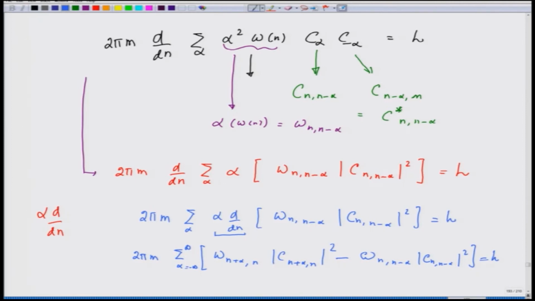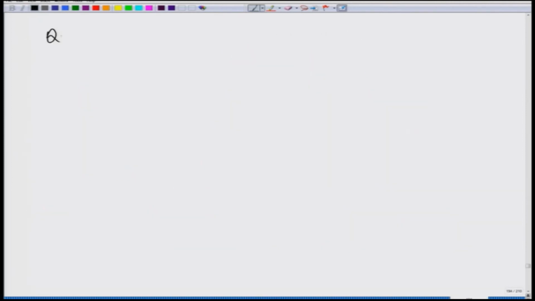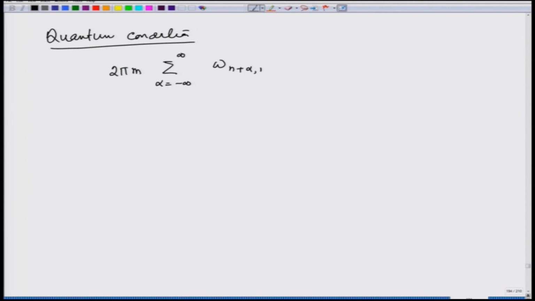So let me rewrite this. So the quantum condition comes out to be 2 pi m summation alpha equals minus infinity to infinity omega n, n plus alpha modulus of c n, n plus alpha square minus omega n, n minus alpha modulus c n, n minus alpha mod square is equal to h.